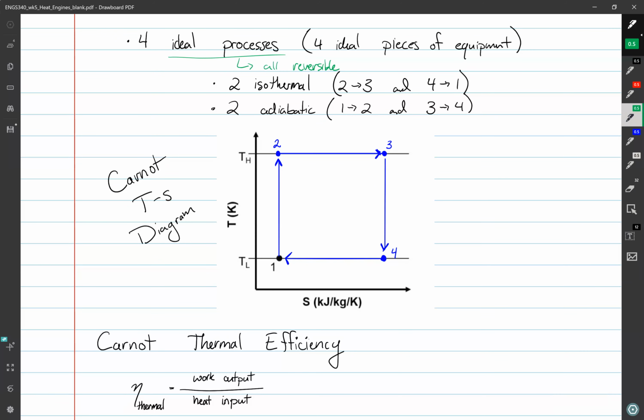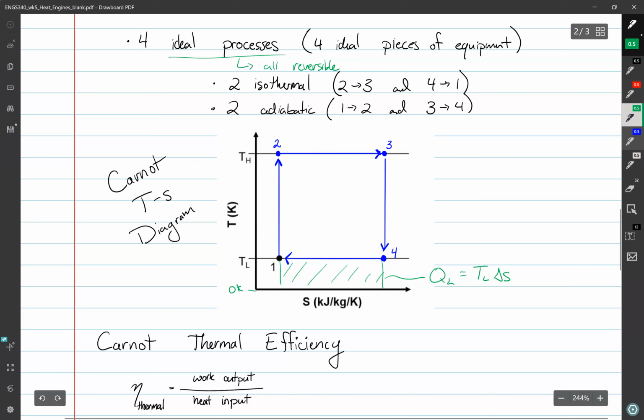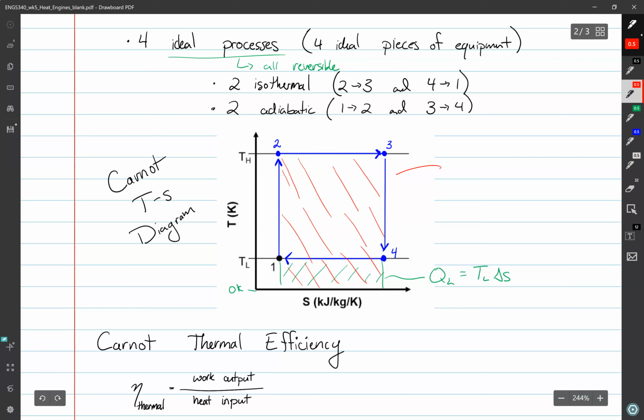In class, we said that this area here, all the way down to 0 Kelvin, is QL equals TL delta S, and this area, again all the way down to 0 Kelvin, is QH equals TH delta S. And we can use these 2 equations because we have reversible isothermal processes.